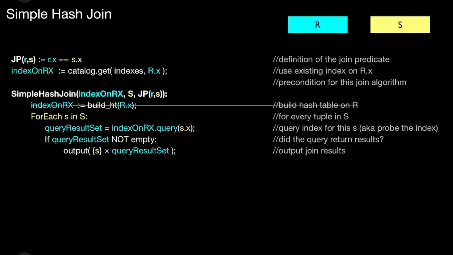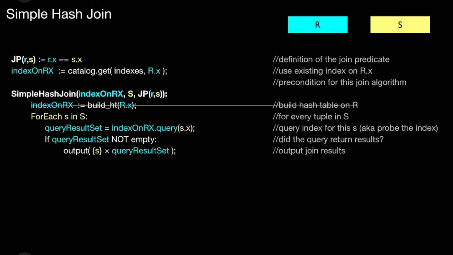Build the hash table. And that's basically the difference to this index nested loop join. Again, I'm just the messenger. The algorithms were named like that: index nested loop join and simple hash join. Again, it's actually the same algorithm. The only difference is when do you build the index?